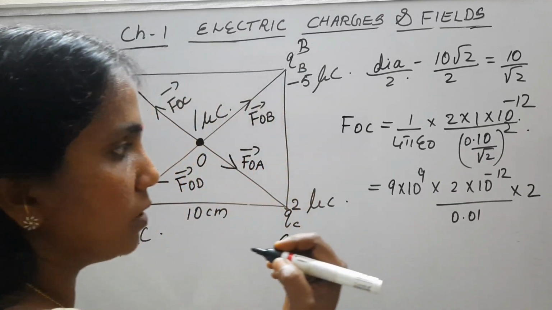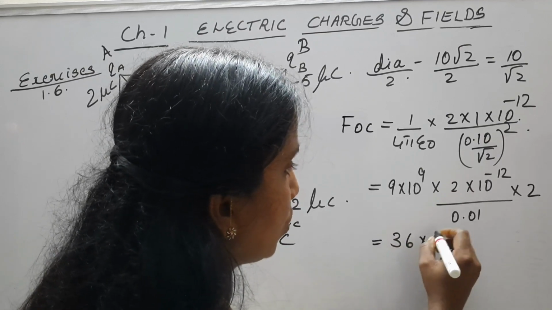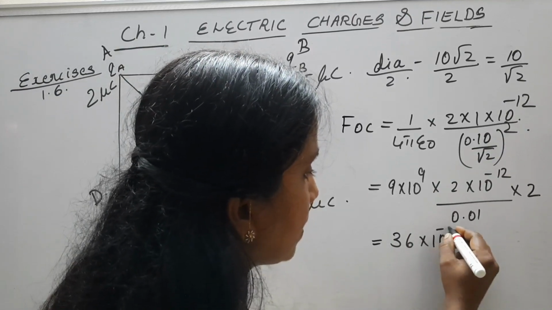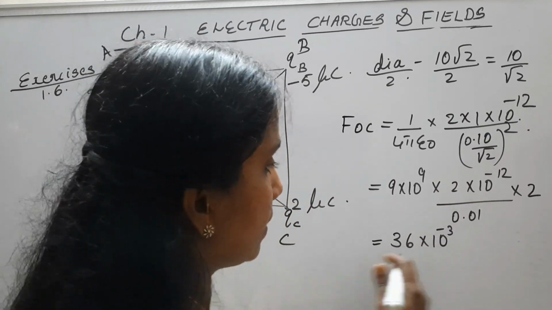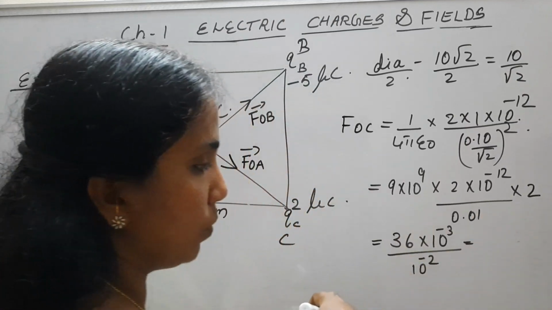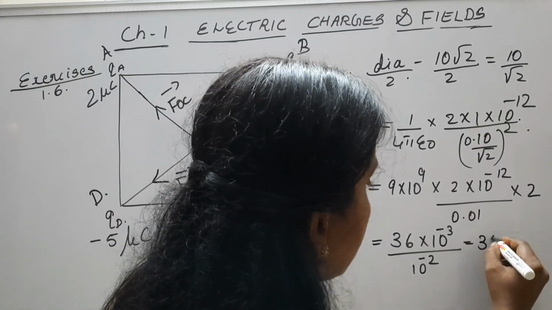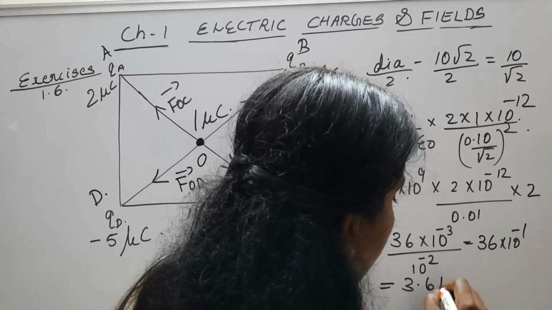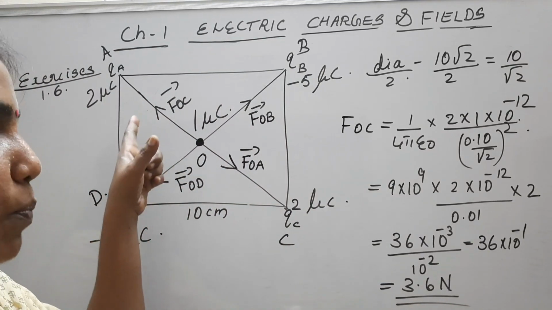So it is 9 into 4, 36, into 10 raised to 9 into 10 raised to minus 12, which is 10 raised to minus 3, divided by 10 raised to minus 2. Minus 2 goes to the numerator and becomes plus 2. So it becomes 36 into 10 raised to minus 1, or 3.6 Newton. So the force FOC is 3.6 Newton.